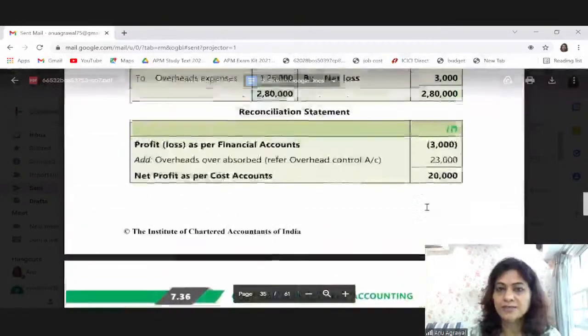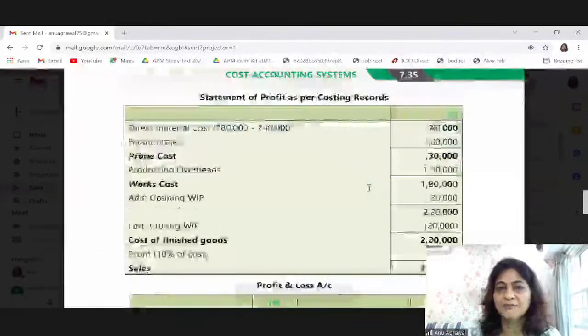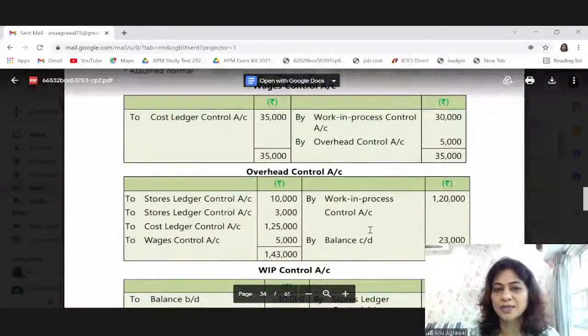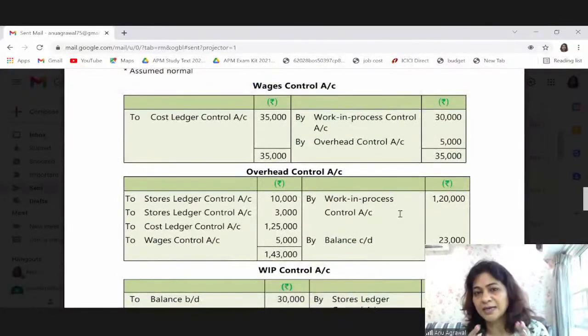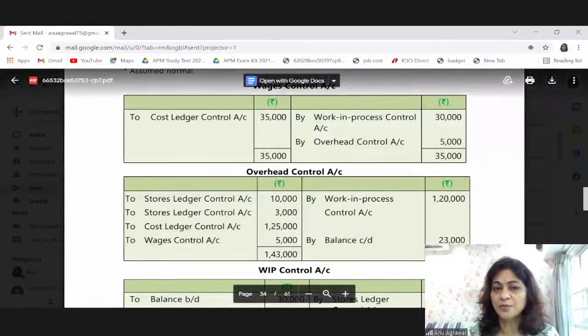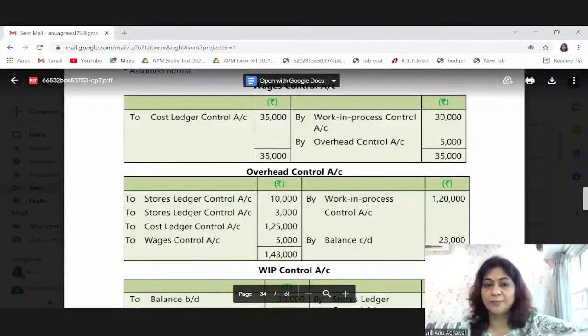right? And they've just put in overheads are over absorbed, and if you go down to overhead control account, they are saying everything is here. I don't need to do all the separate entries. Everything they're saying overhead control accounts have been over absorbed. See, I have not taken up anything from the sales, from the store ledger, from WIP. The difference is only coming because of overheads. No? I put in the actual figures.